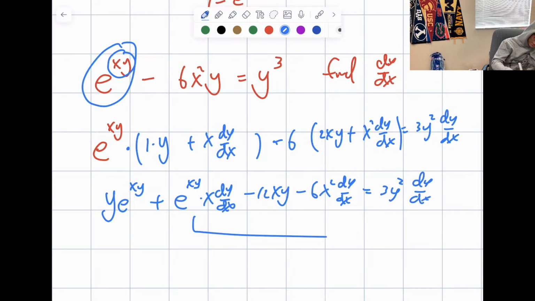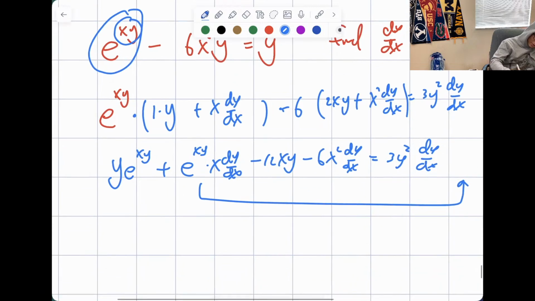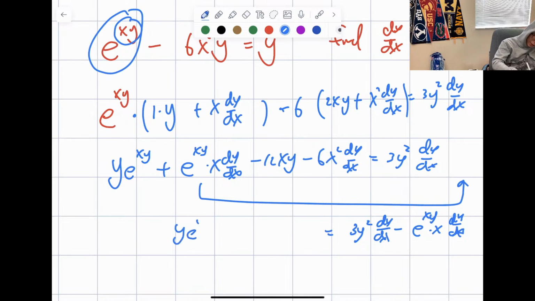I'm moving this to the other side, so it'll be 3y squared dy dx is equal to e to the xy minus e to the xy x dy dx. Is that okay? So y e to the xy minus 12xy.